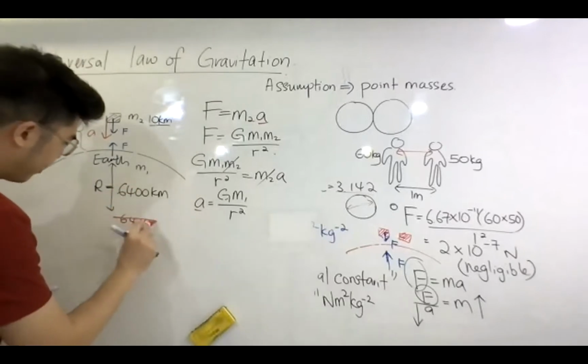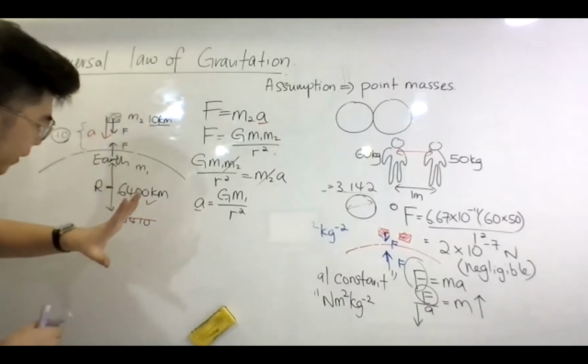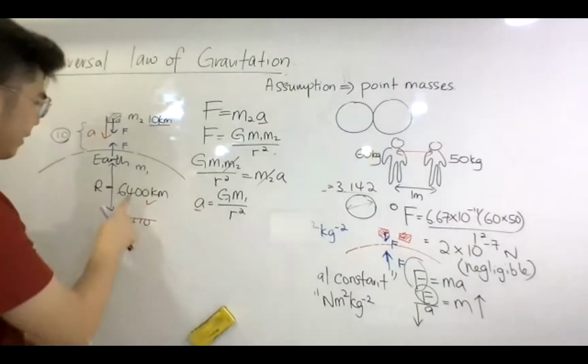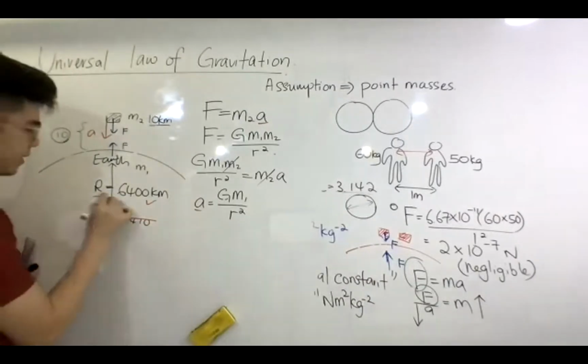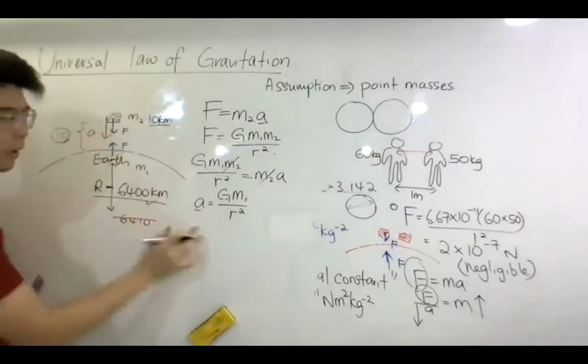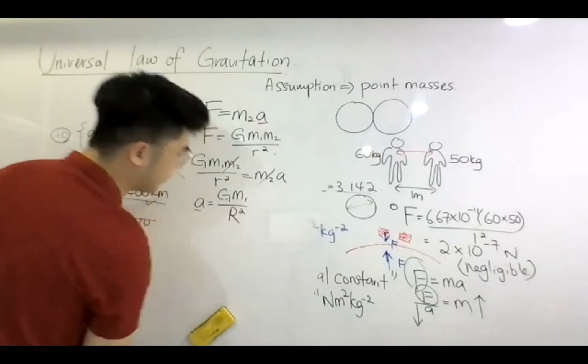Instead of taking this one, I say no. This one, no. I will take this one. Because the 10 km is too small already. It's too small, it doesn't make any difference. So I will take this one. Okay, so if I take this one, then this distance R between them, I will write as the radius of the Earth R, like this.